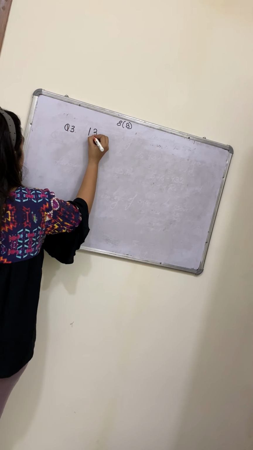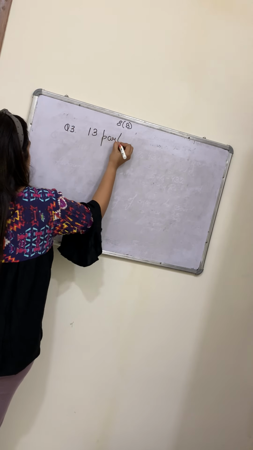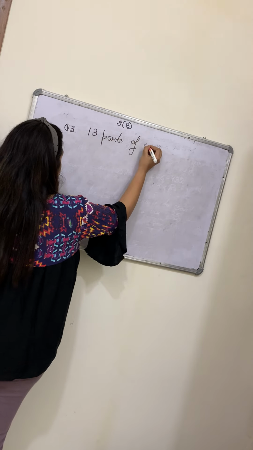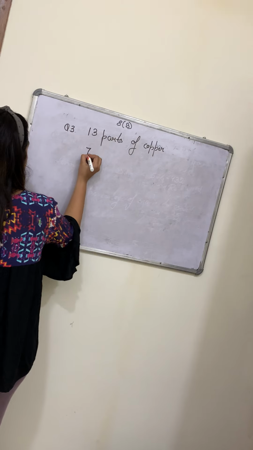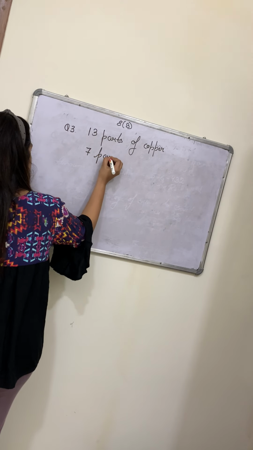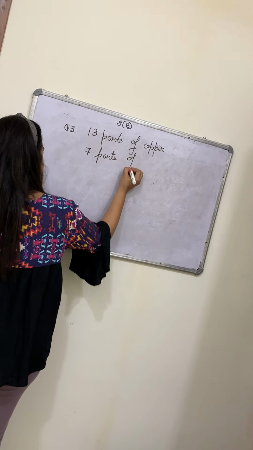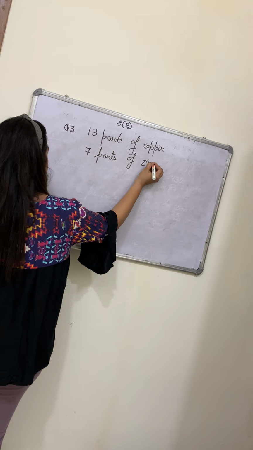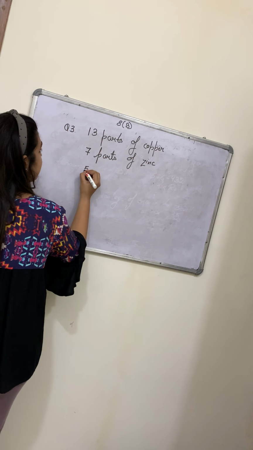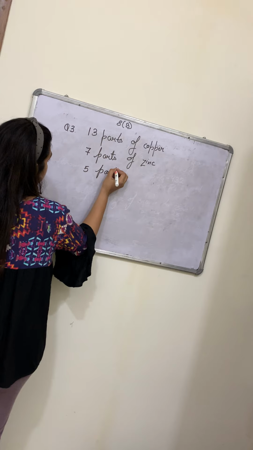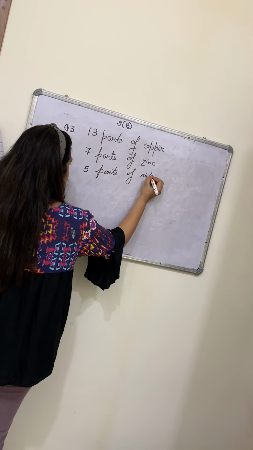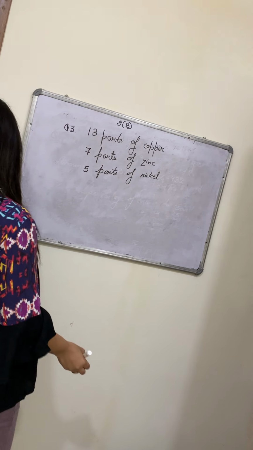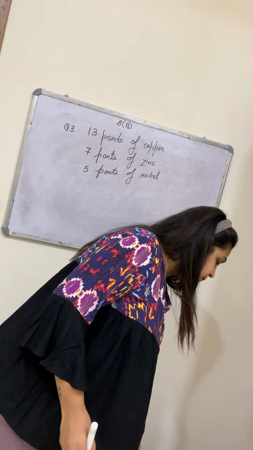It is 13 parts of copper, then 7 parts of zinc and 5 parts of nickel. We have to find what is the percentage composition.